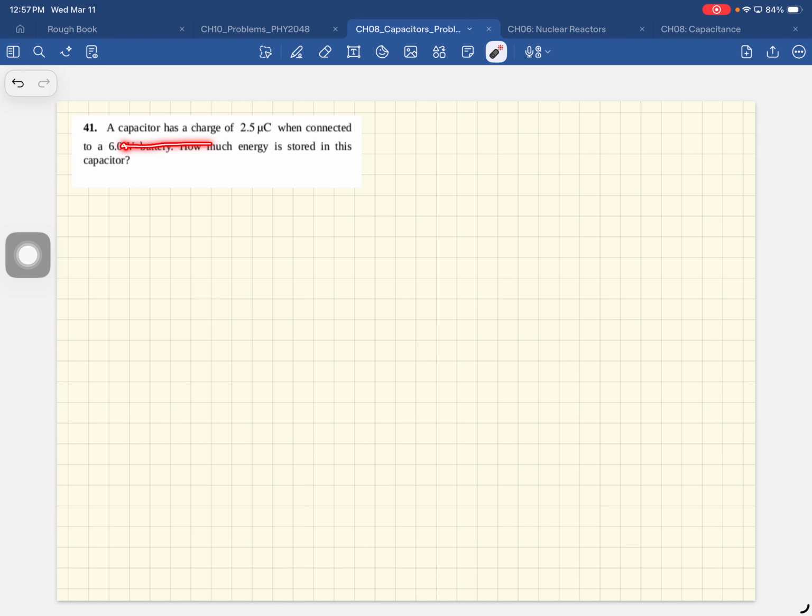This problem says a capacitor has a charge of 2.5 microcoulombs when connected to a 6-volt battery. How much energy is stored in the capacitor? Well, the energy stored is 1/2 CV squared.